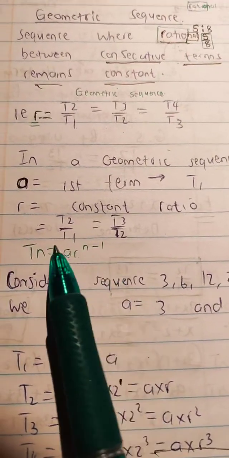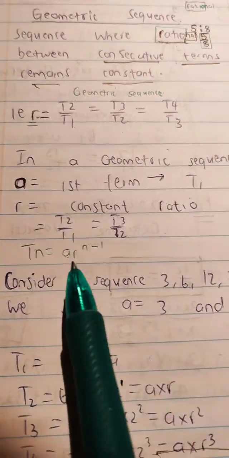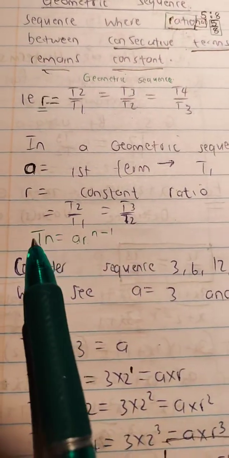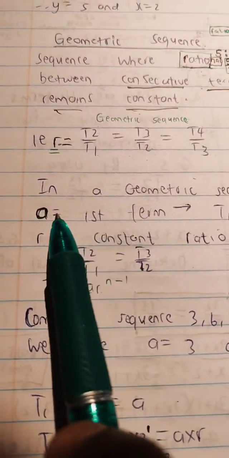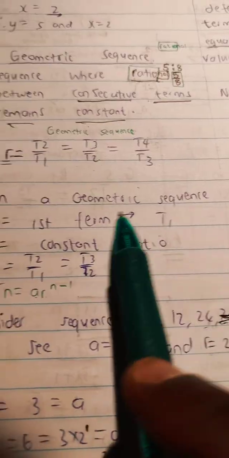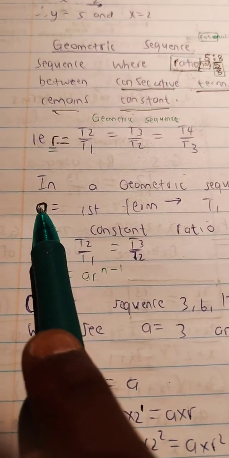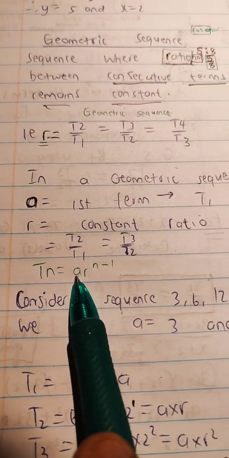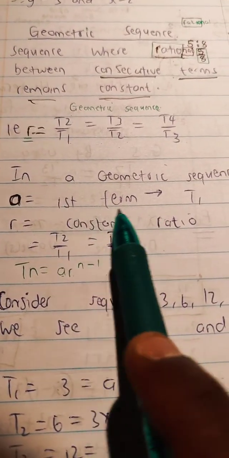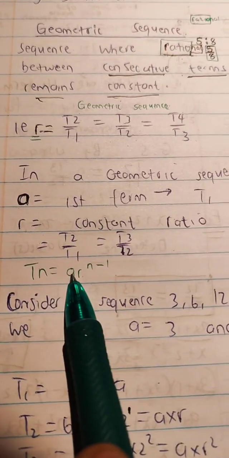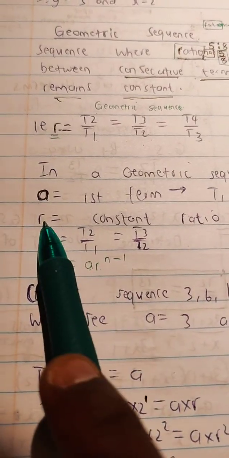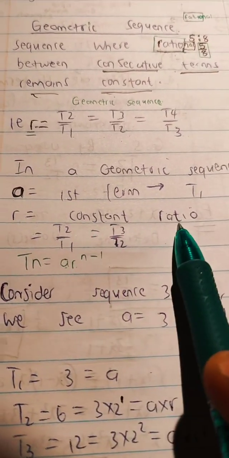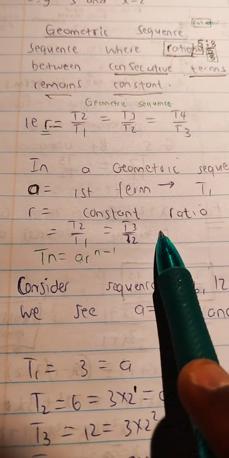Like I said, we have the general term, which is Tn is equal to AR to the power n minus 1. Now the A in a geometric sequence, what does it stand for? The A stands for the first term. R here means the constant ratio.